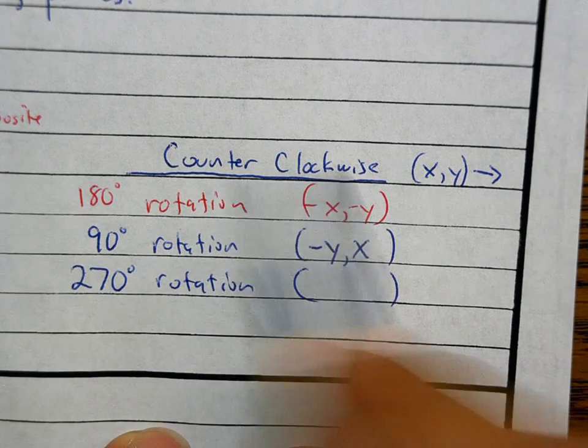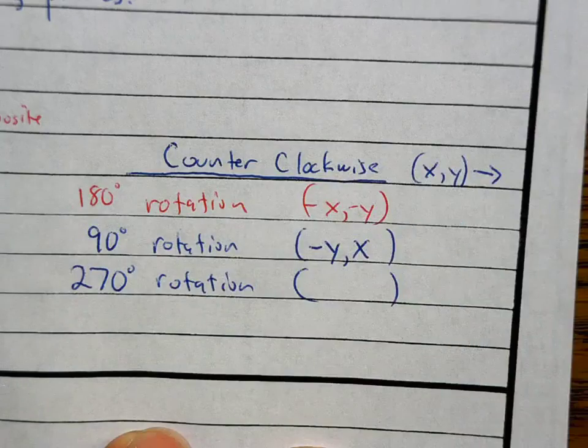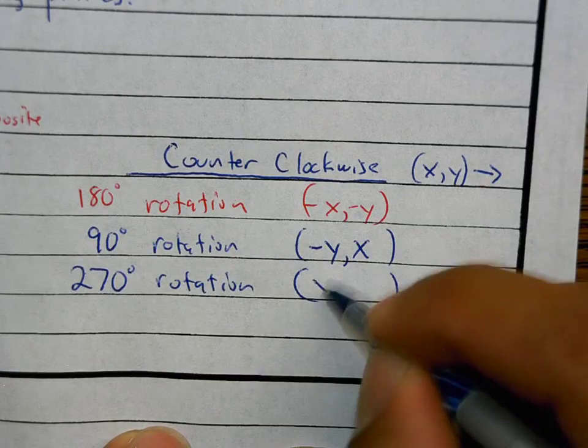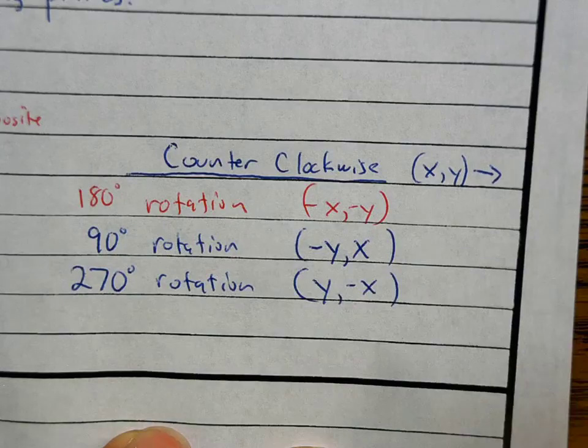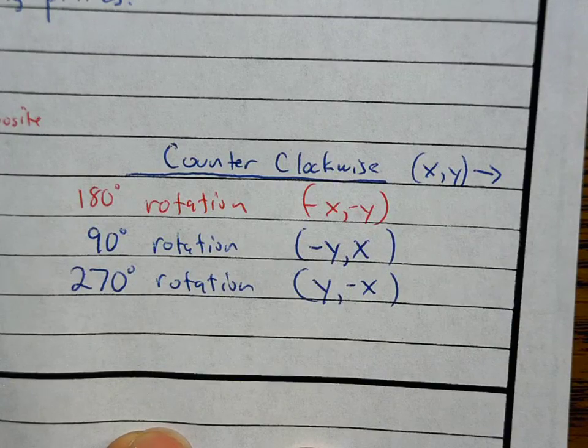This is my cheat sheet for counterclockwise. I have (y, -x). You'll start to notice these as you do more problems. Okay, I'm going to end your notes right there.